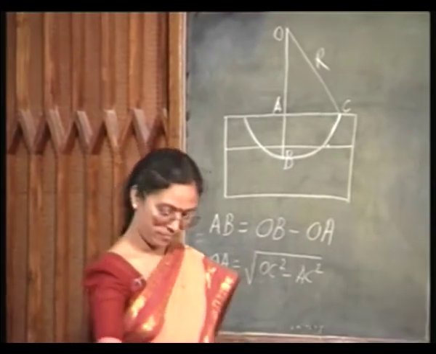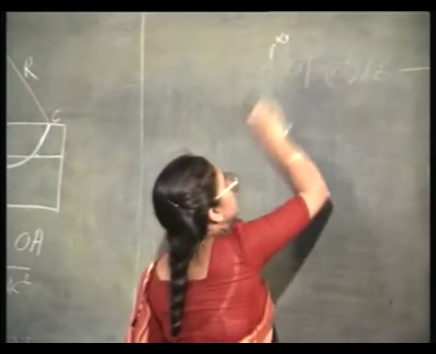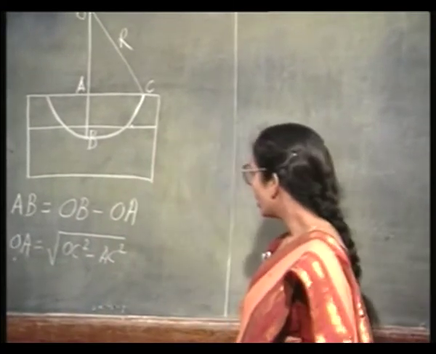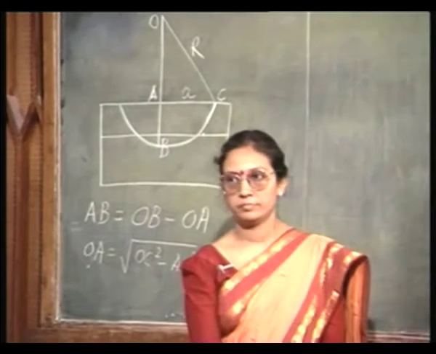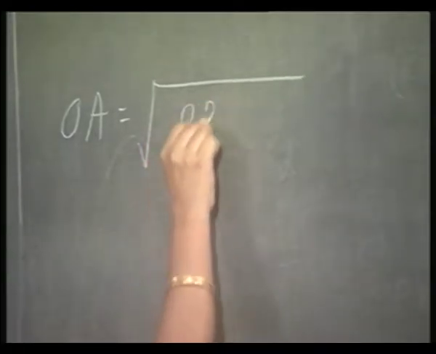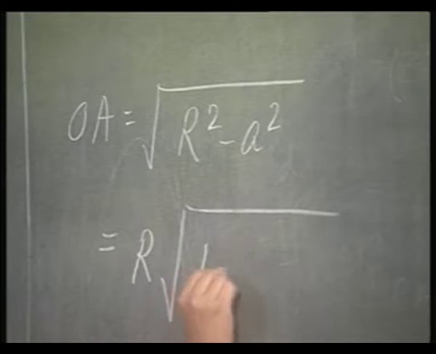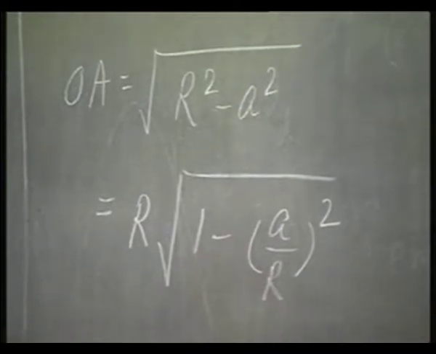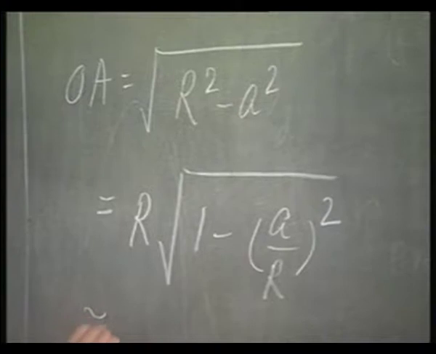Now, let me call this AC as small a, so that I can write that OA is equal to square root of R square minus a square, which can be written as... Now, if the radius capital R is much larger than this small a, then I can approximate it.